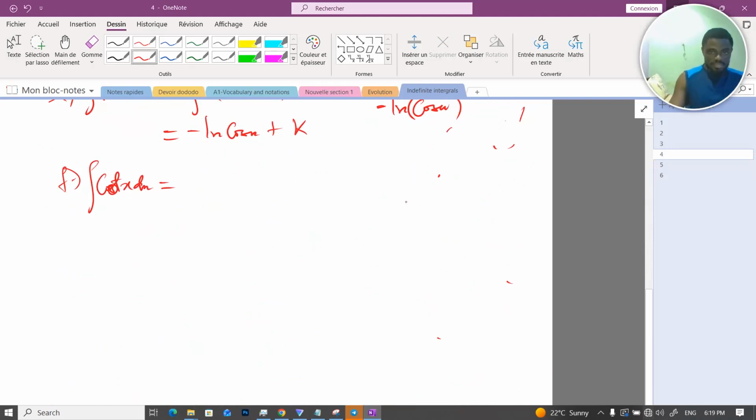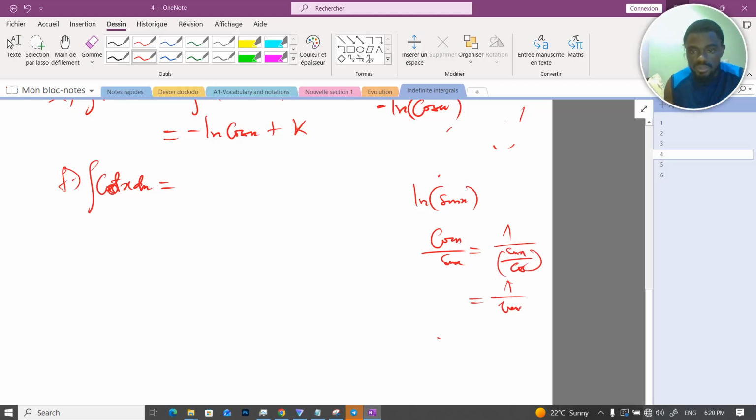Look at this function, ln of sine x. If you differentiate this, you will have what? Cos x on sine x, which is simply equals to 1 on tan x, which is equals to cot x.